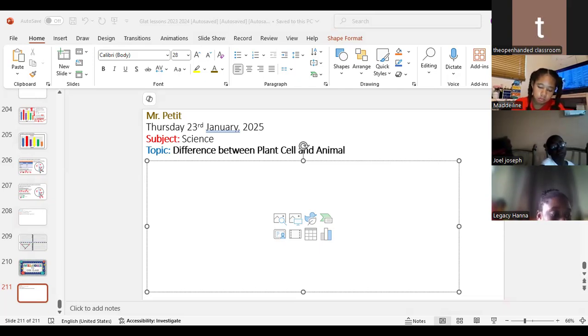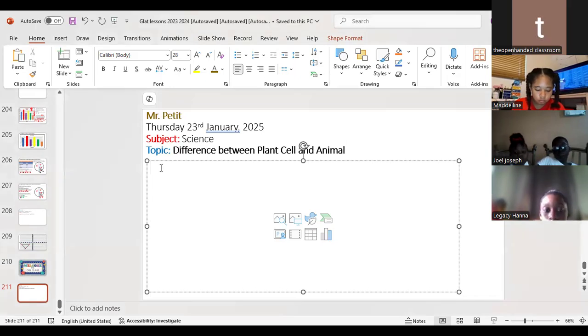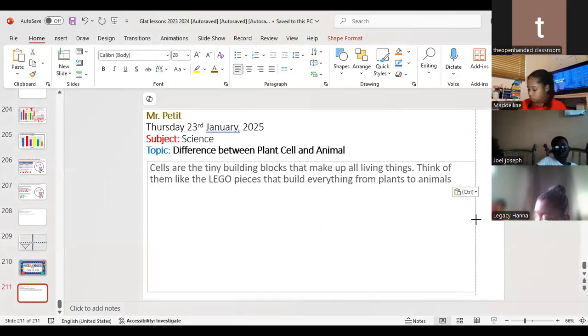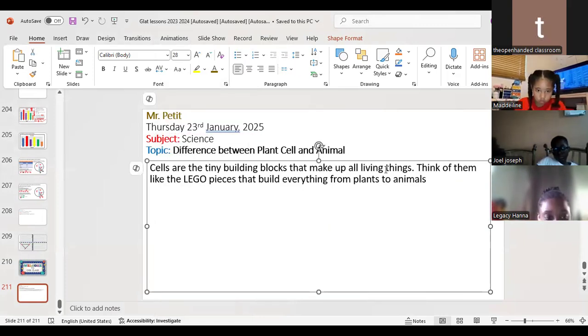Very small. Microscopic. So we could say that in terms of a definition, cells are the building blocks. Is it smaller than a mustard seed? Yeah, definitely. So cells are tiny blocks that make up living things.